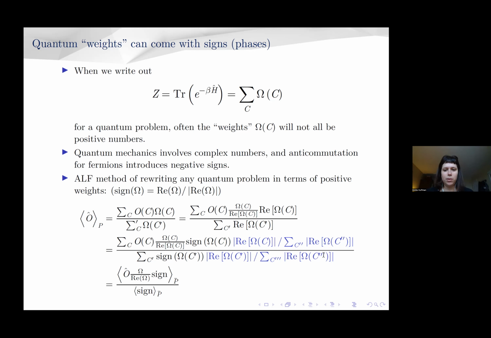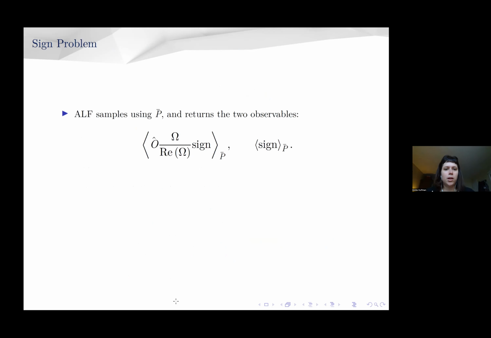Basically what we've done is, if you look at the purple piece, that's the probability distribution that's sampled, which I'm calling P bar here. So you can write this observable using weights that are indeed all positive. All of this makes mathematical sense. And so ALF will sample using this P bar and it will return two observables.